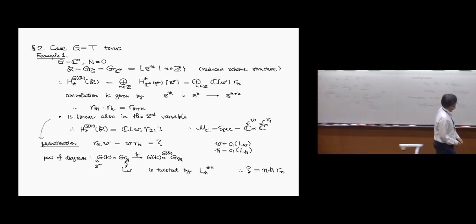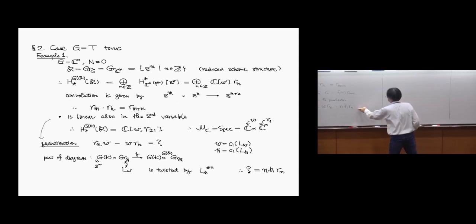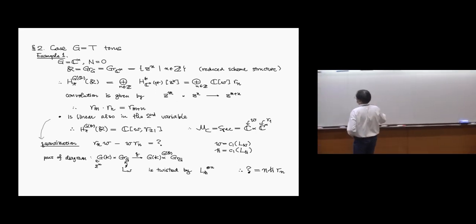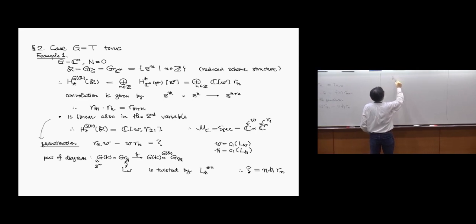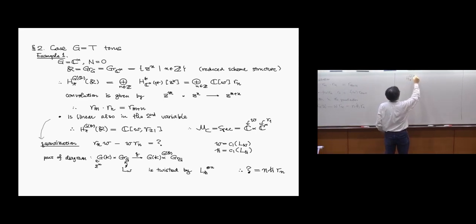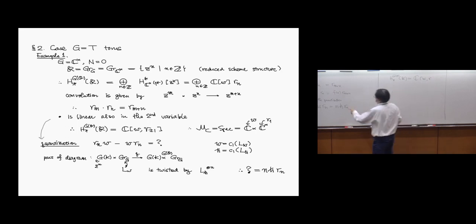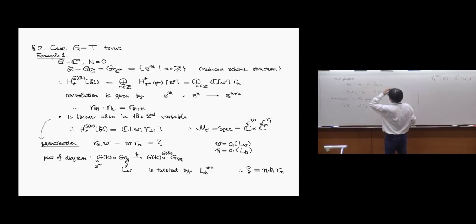So in total, if you believe this formula, then you get the equivariant homology of the affine Grassmannian, with R0 a unit.